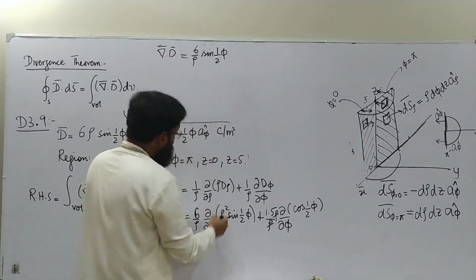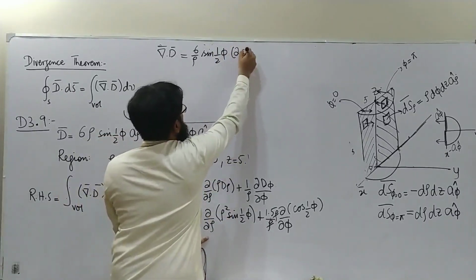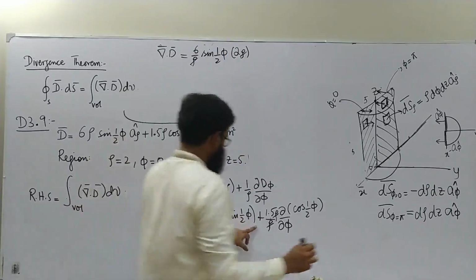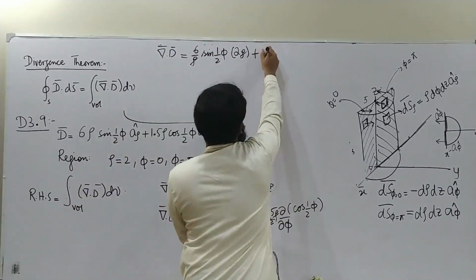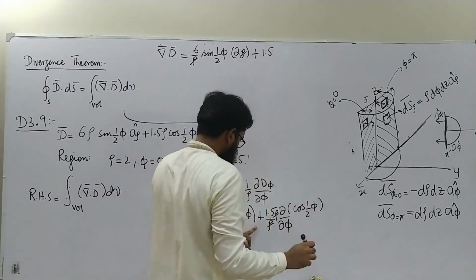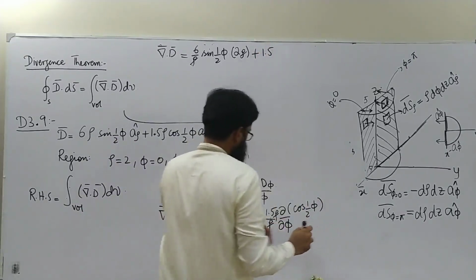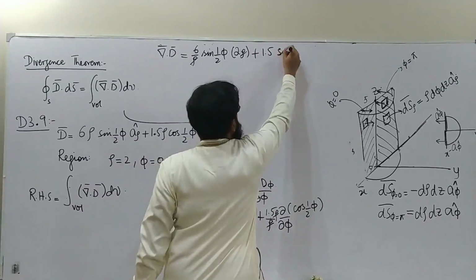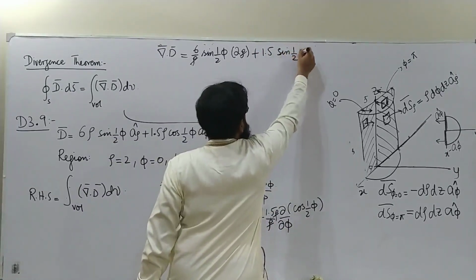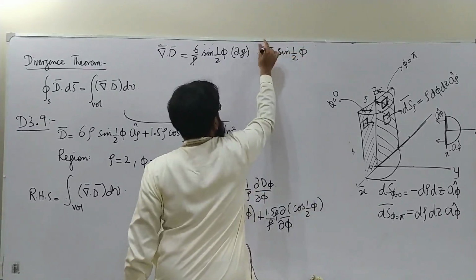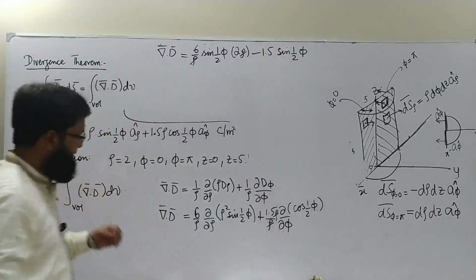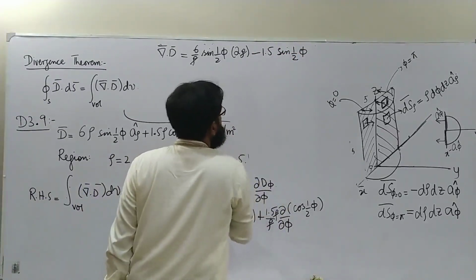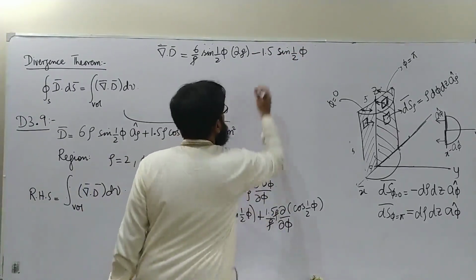If you differentiate, you'll get 2 rho, so rho cancels. Anyway, let's proceed. Plus 1.5, and the derivative of cos is minus sine, so minus sine half phi, and multiply by half.